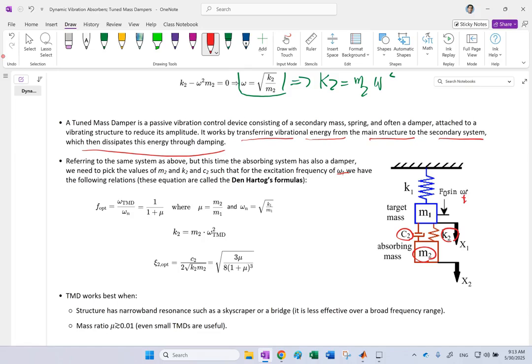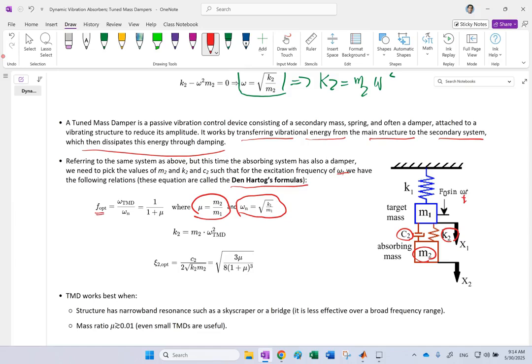Well, the formulas that determine these numbers are called Den Hartog's formulas. What are these? It says, if the natural frequency of the first system is square root of K1 over M1, call it omega n, and the ratio of the absorbing mass to the target mass is mu, then here you define a ratio called f optimal, which is the ratio of two frequencies.